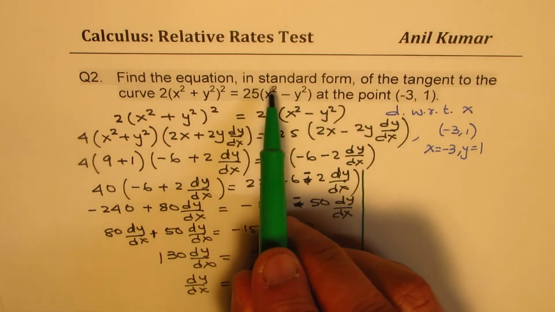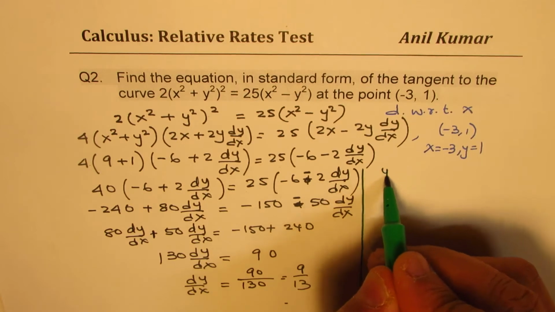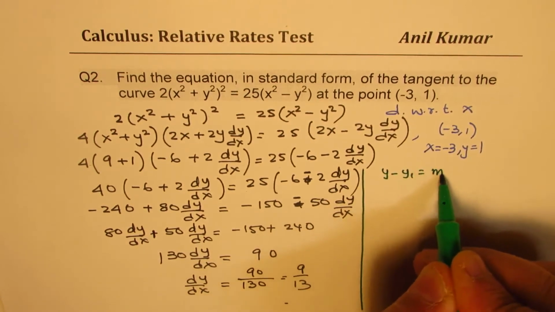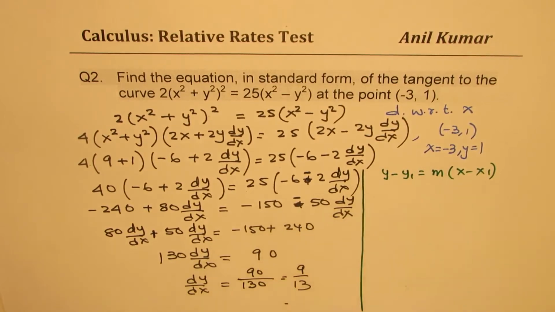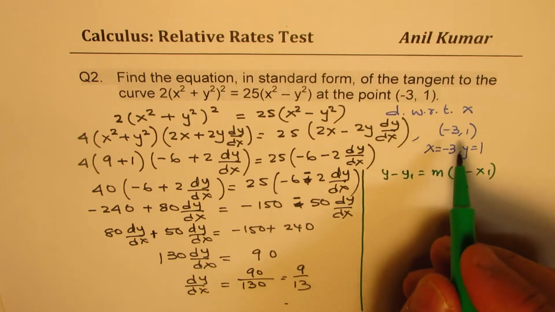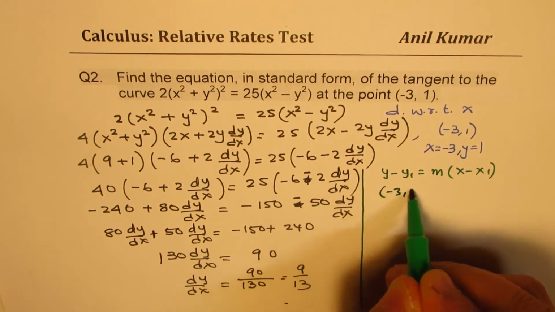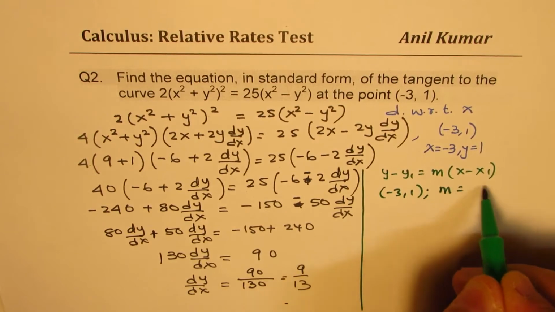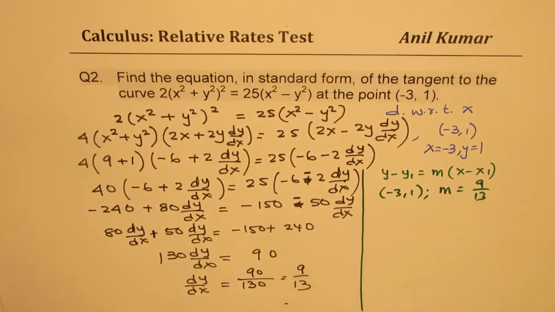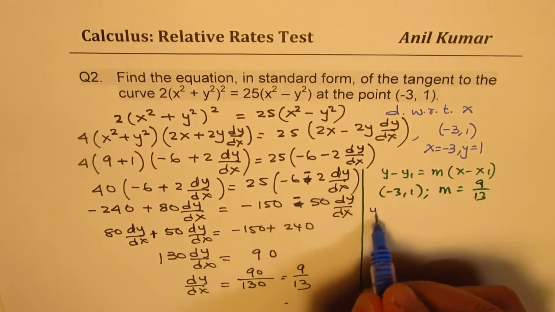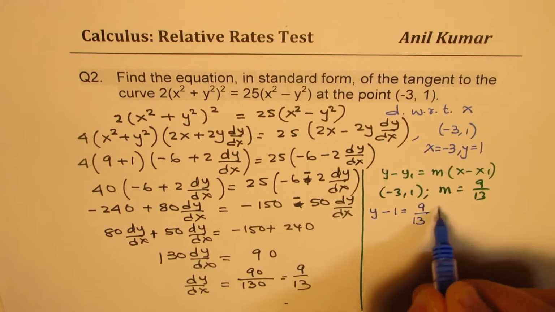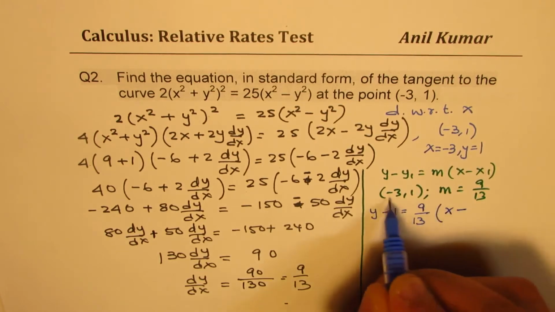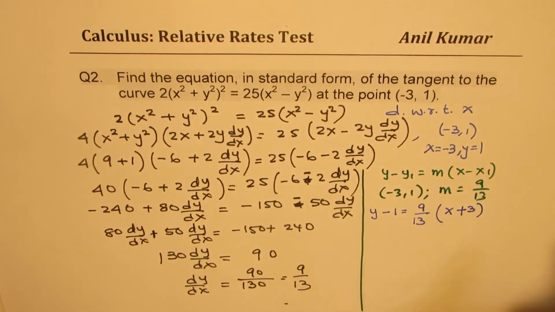Now we need to write the equation in standard form, which is y minus y1 equals m times (x minus x1). Correct? So we know here that the two values of x and y are -3 and 1, and the slope m is 9 over 13. Correct? So we're going to use this. So we have y minus 1 equals 9 over 13 times (x minus (-3)), which makes it plus 3, right?